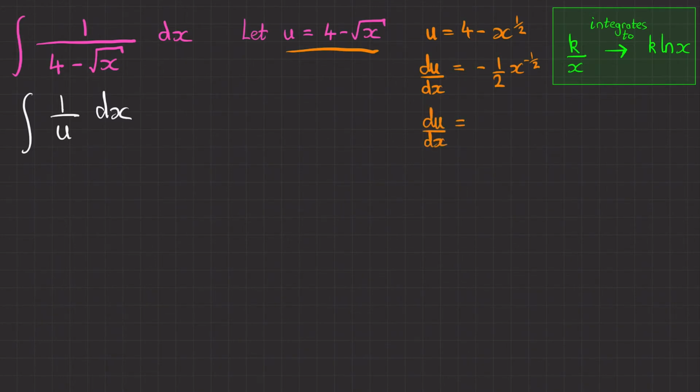So we'll have equals minus 1 over 2 lots of x to the half. Multiply both sides by dx, so we'll have du equals minus dx over 2x to the half. And multiply both sides by minus 2x to the half. So we'll have minus 2x to the half du equals dx.